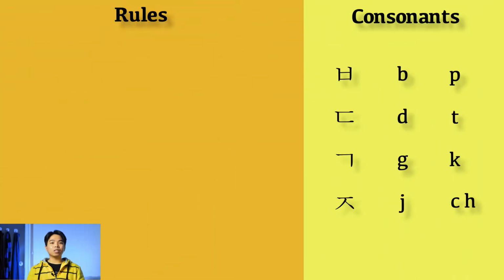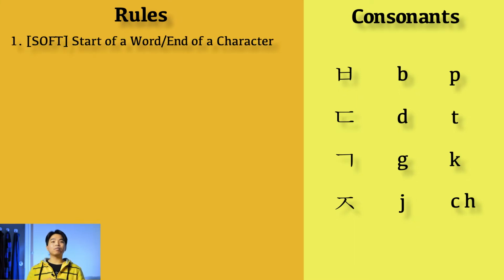So now, pwede na natin simulan i-explain kung paano ba nagbabago yung tunog ng 4 letters na in-introduce ko today. So para malaman nyo kung anong sound yung gagamitin nyo for these letters, you have to follow these rules. Rule number 1, you have to use soft sounds when these letters are placed at the start of a word or at the end of a character.